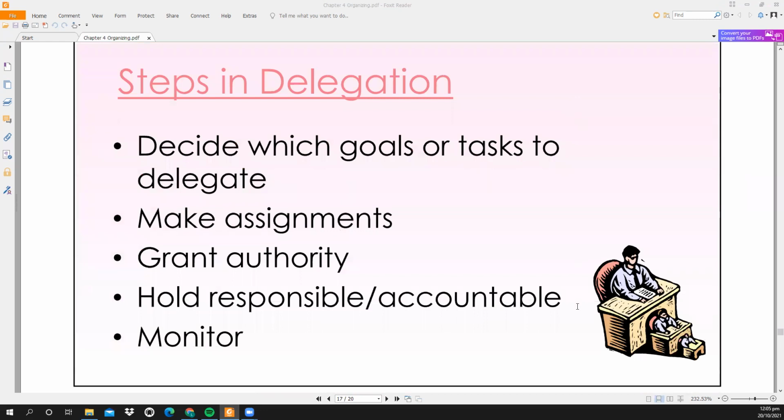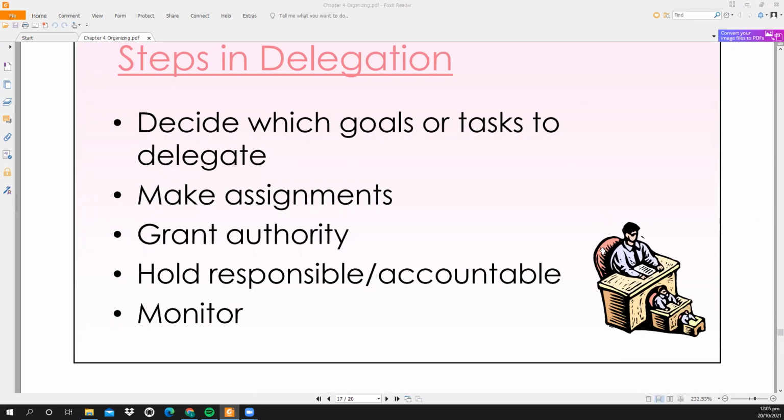So we have the following steps in delegation. First, you need to decide which goals or tasks to delegate. And then make assignments, grant the authority, hold responsible and accountable, and then monitor.